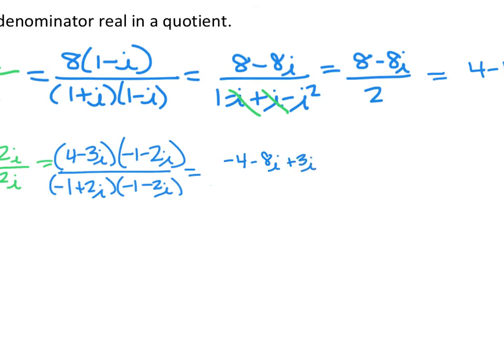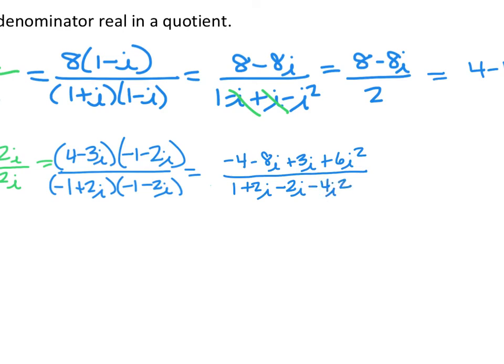And negative 3i times a negative 2i is a positive 6i squared. And on the denominator, I have negative 1 times negative 1 is a positive 1. Negative 1 times a negative 2i is a positive 2i. Positive 2i times a negative 1 is a negative 2i. And positive 2i times a negative 2i is a negative 4i squared.